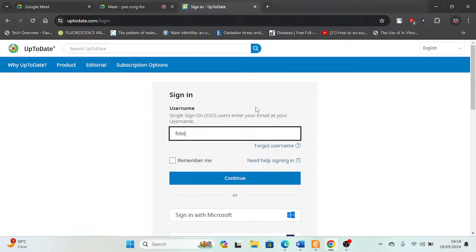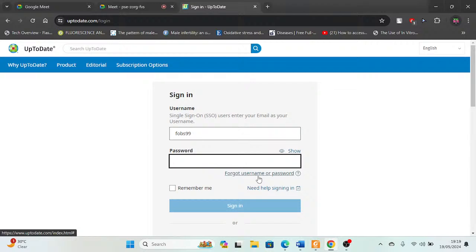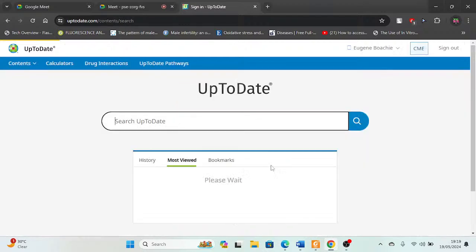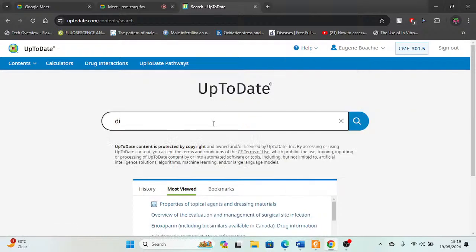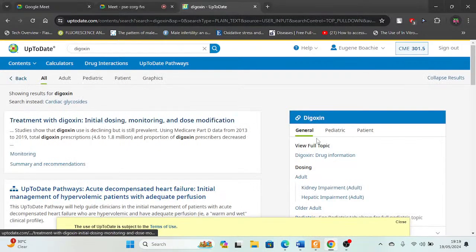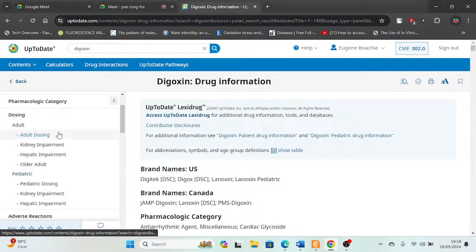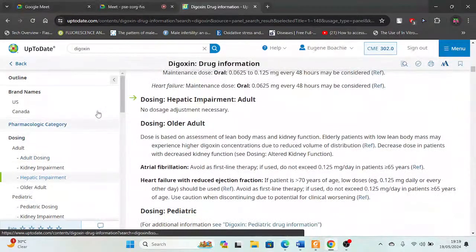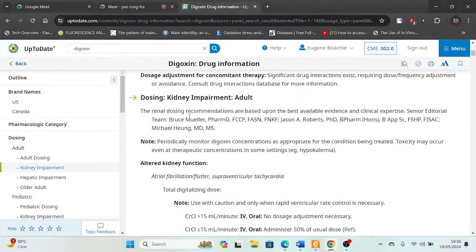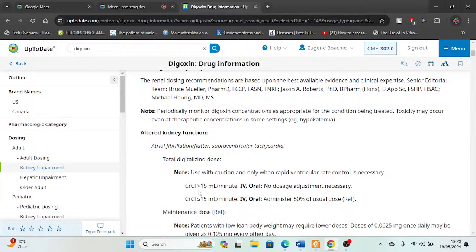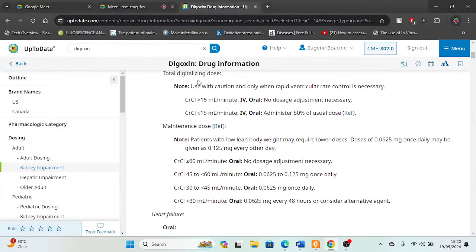If a patient comes with renal impairment, liver impairment, which cardiac glycoside will be safe? Please find this out.